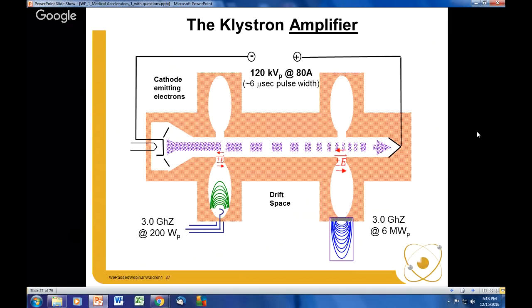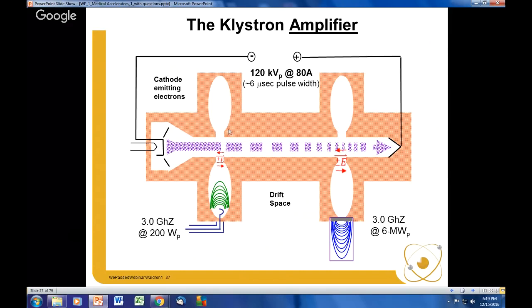And we can now simply couple that electromagnetic field out of this vacuum through a window into a waveguide. Klystron amplifiers can easily have amplification factors of 1 times 10 to the 6th, or 1,000,000. And it's not unusual to see 6 megawatts or 7 megawatts or 8 megawatts peak output on one of these things.